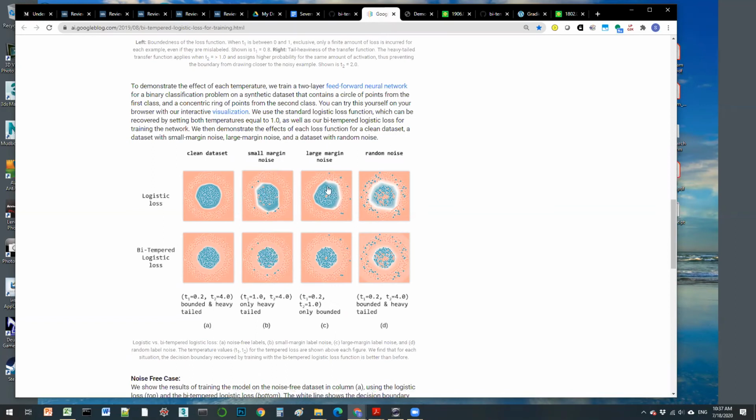And then you go to the next column, where you see what they label large margin noise. That's noise right at the center of the blue. There's a bunch of red dots, and then way outside, like outliers, there are a bunch of blue dots in this red segment, where it's predominantly red dots.